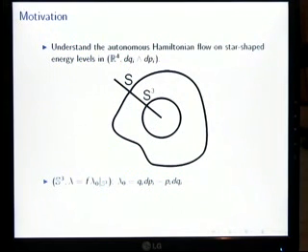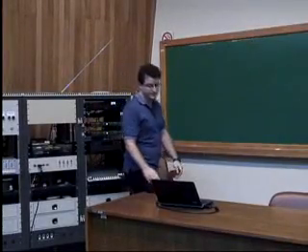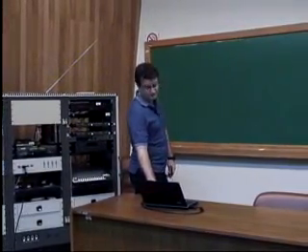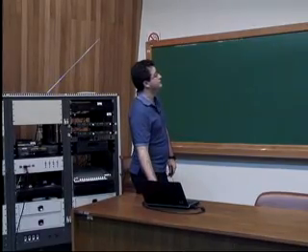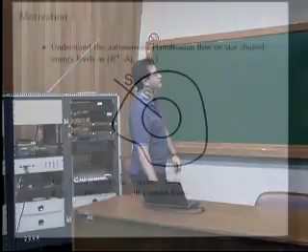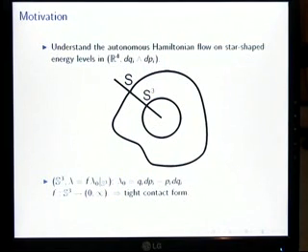If you just multiply by a function, it's equivalent to study this Reeb vector field, to study the Hamiltonian flow in a star-shaped energy level. So f is just a positive function, and this contact form lambda naught is tight.